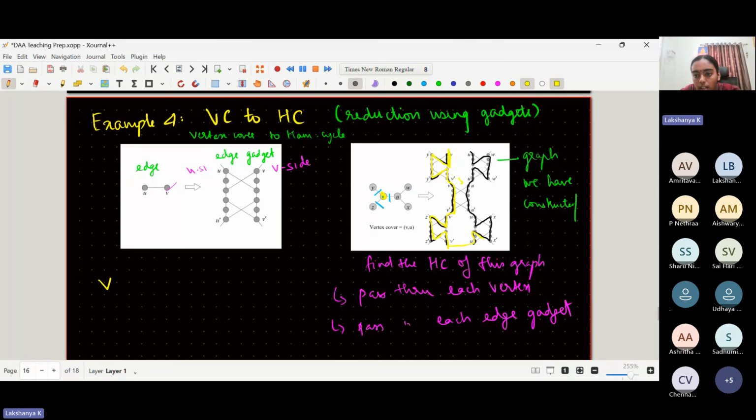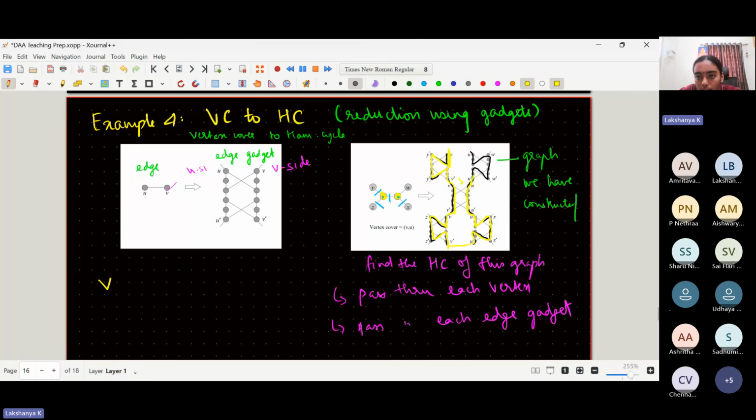Now this edge gadget, I am entering through the U side, so let me note down U. That was UX, so this has been taken care of. Now I continue with my Hamiltonian cycle. This edge gadget, I'm leaving now, so I don't have to make note of anything for VU.